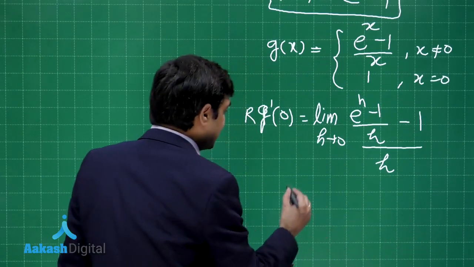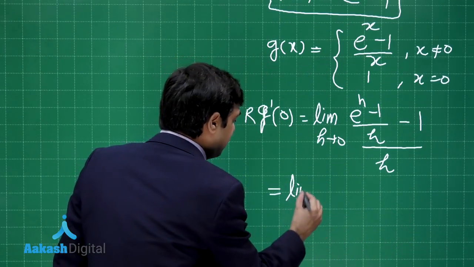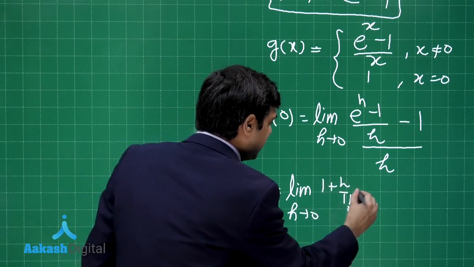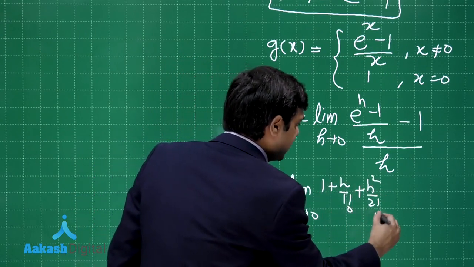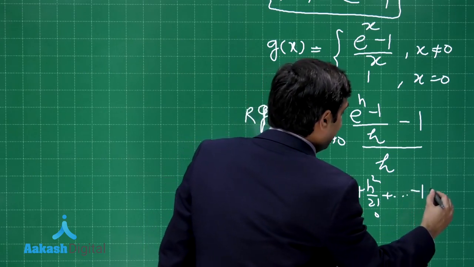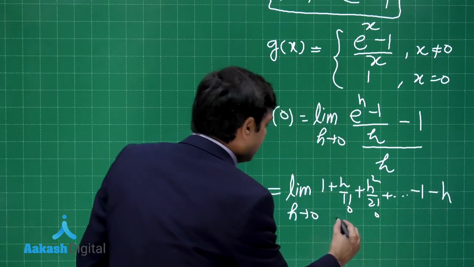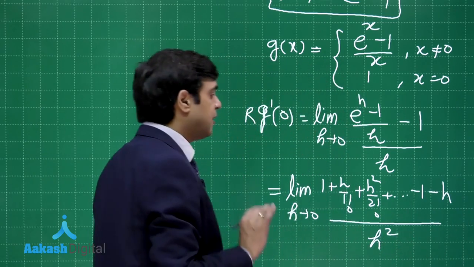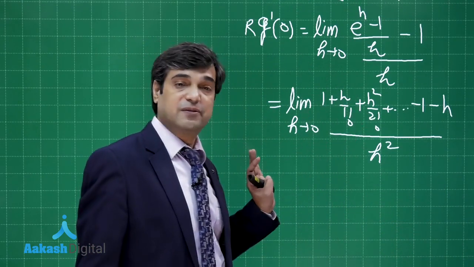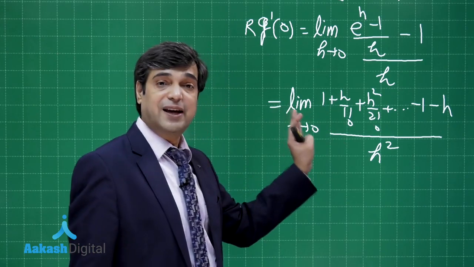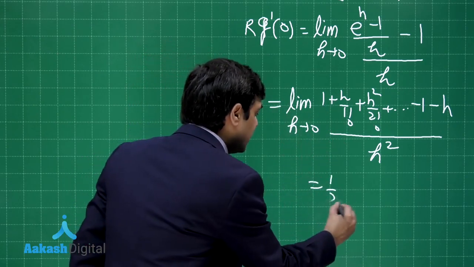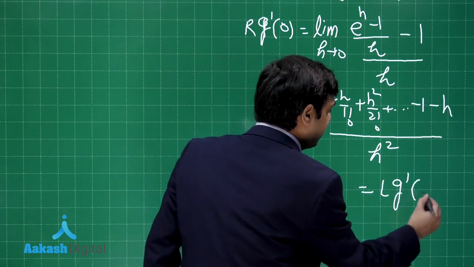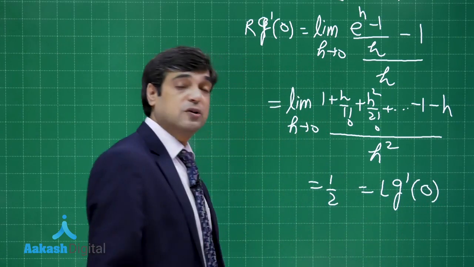Taking LCM and expanding e to the power h, we have limit h approaching to 0, 1 plus h upon factorial 1, h square upon factorial 2 and so on, minus 1 minus h divided by h square. We can see that 1 plus h and minus 1 minus h are cancelled. From rest we take h square common. This is coming to be half. In the similar fashion, we will be obtaining left hand derivative at 0, that will also come as half.